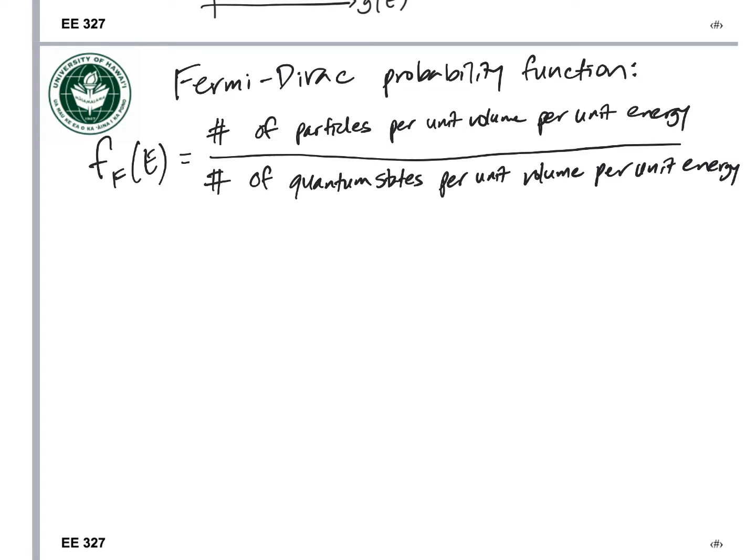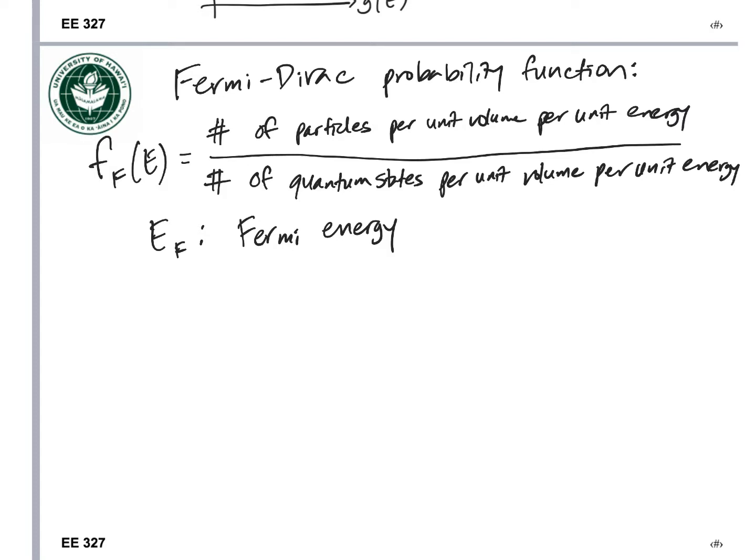And rather than deal with the probability function all the time, in your band diagrams we represent this a little bit differently, which is by defining an energy level called the Fermi energy. So what does this Fermi energy mean?